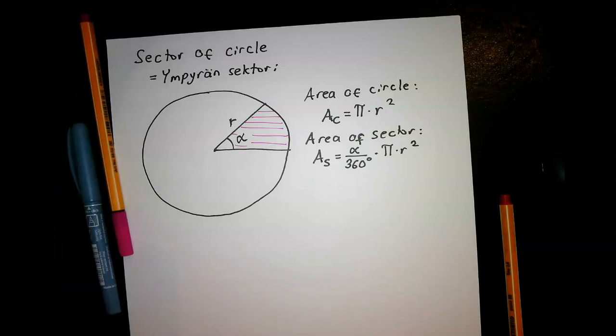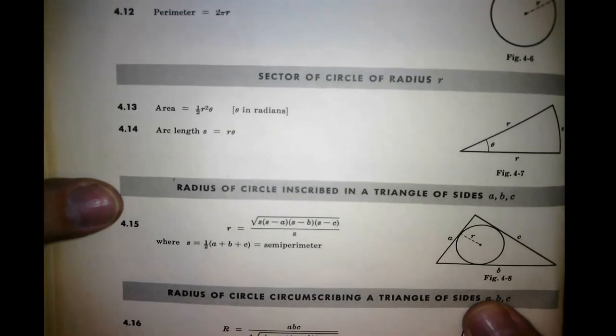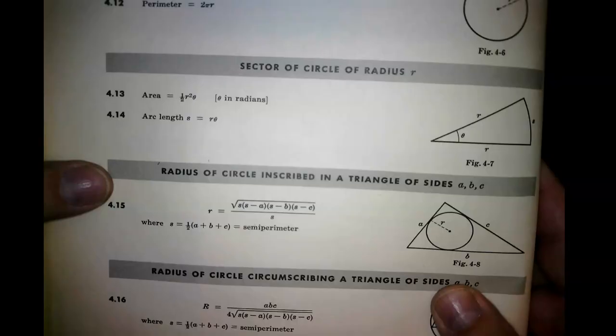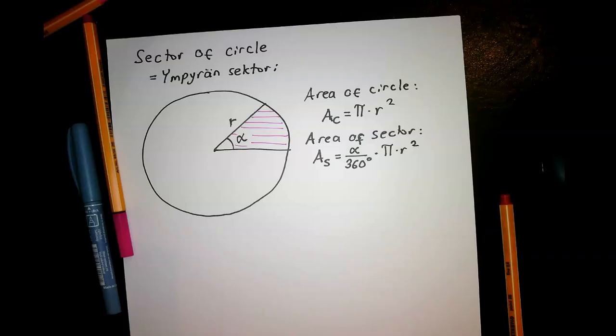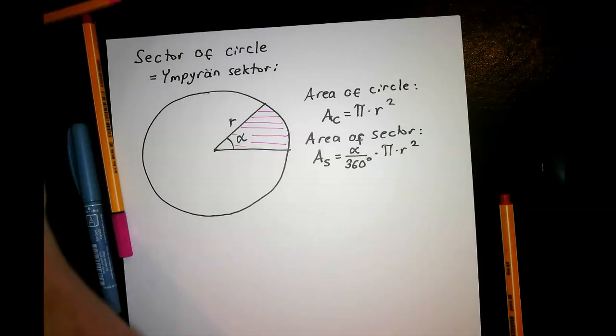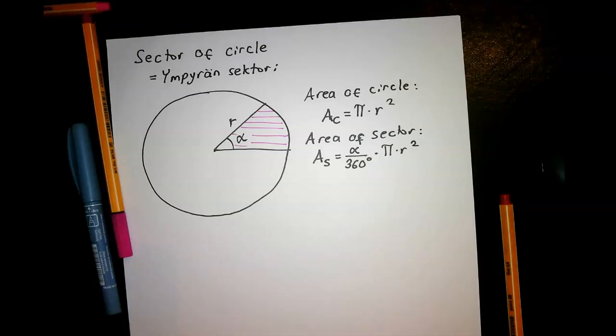In this book it is given in this radian form. I don't see it's so useful right now. I will turn to this later because there are some good points using radians in some cases, but let's use degrees in this moment.